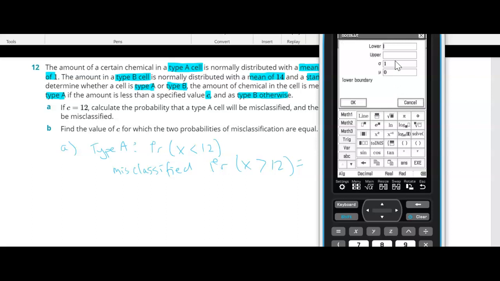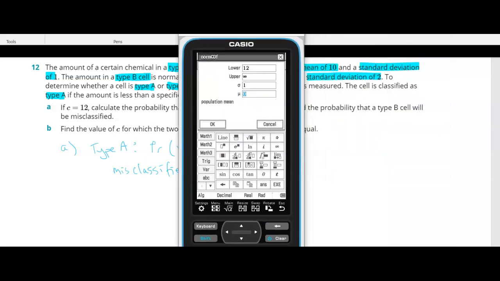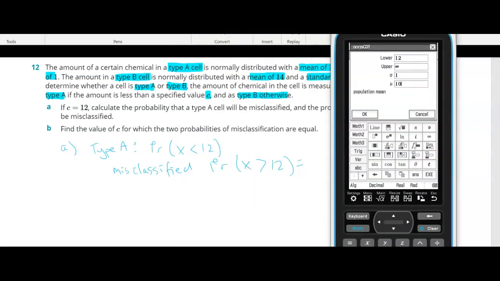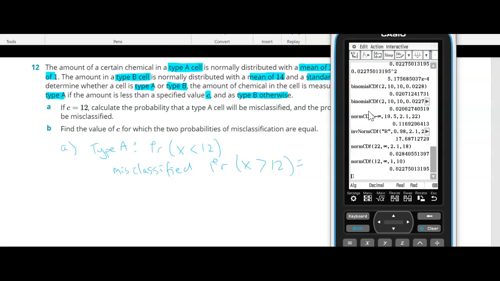We want greater than 12, so 12 is the lower limit, upper limit is infinity. If we're looking at type A, the standard deviation is 1 and your mean is 10. So 0.0228.